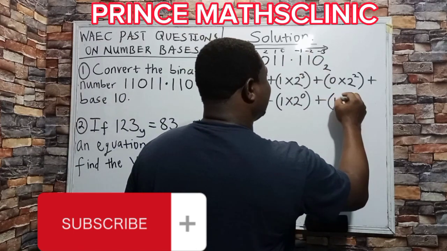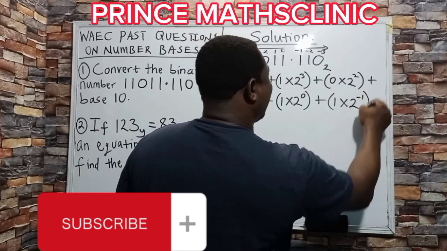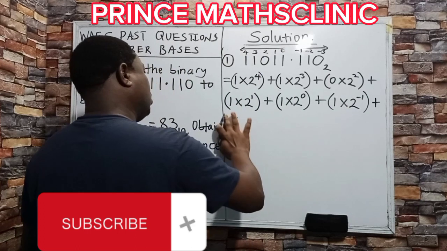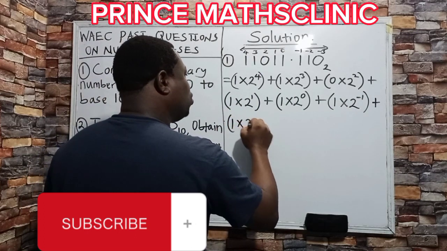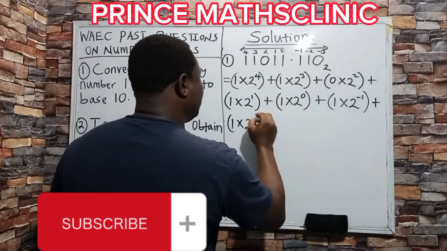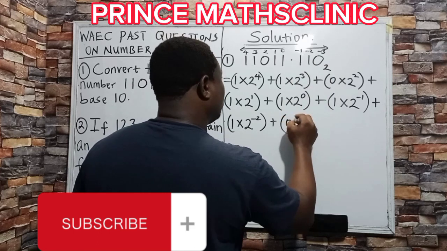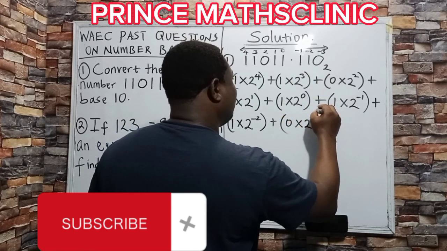Then we move on to the decimal part: 1 times the base raised to the power of -1, plus 1 times 2 raised to the power of -2, then plus 0 times 2 to the power of -3.